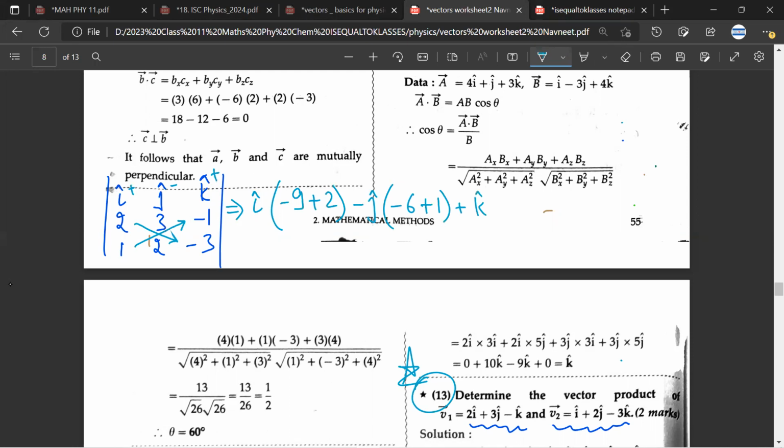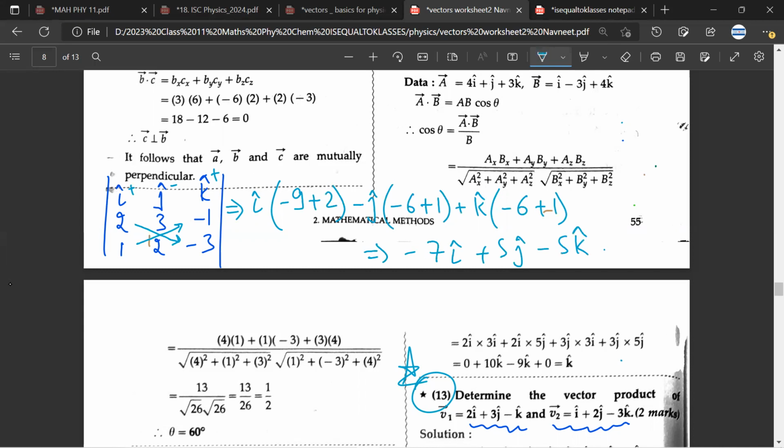Plus k: 2 into minus 3 is minus 6, and 1 into minus 1 is minus 1, but I'll have to change the sign, so it is plus 1. So the answer would be minus 7i plus 5j minus 5k. Avantika, am I clear? Yeah.